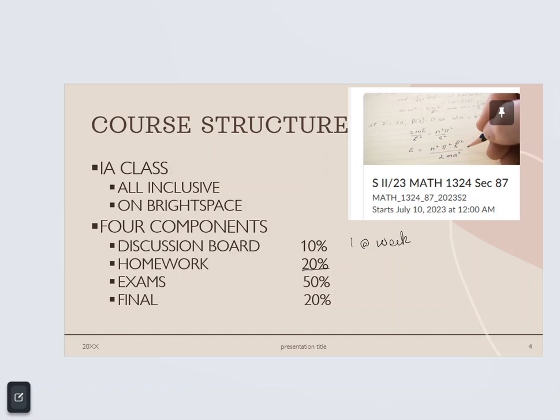So you want to do well on these exams, which means you should keep all of your homeworks together so you can leaf through them and prepare for the exam. And the final is worth 20%. And I do have something there for you to review, so you'll have no difficulty. Okay, that's part of the course structure.